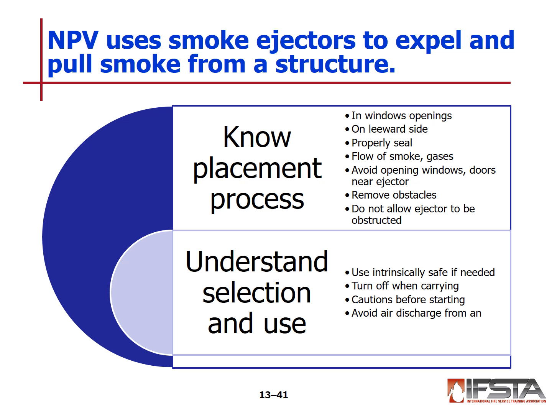Negative pressure ventilation is the use of smoke ejectors to expel and pull smoke from a structure. We have to know the proper placements and the process. They go in window openings, and they always go on the leeward side, properly sealed.